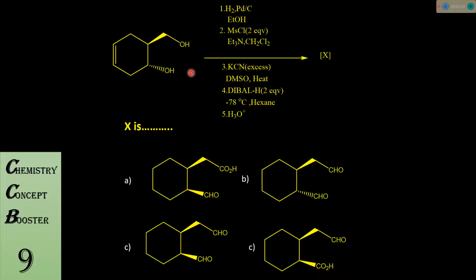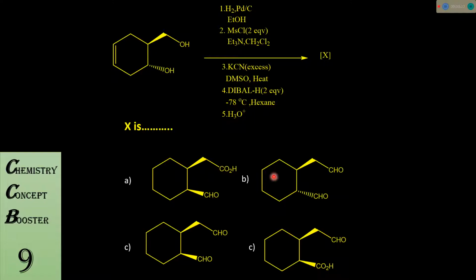Now we have to treat each reagent stepwise with that starting material. We will see the stereochemistry of the product, or the option of the product, later. Just try to proceed by treating this starting material, the cyclohexene triol, with each reagent.